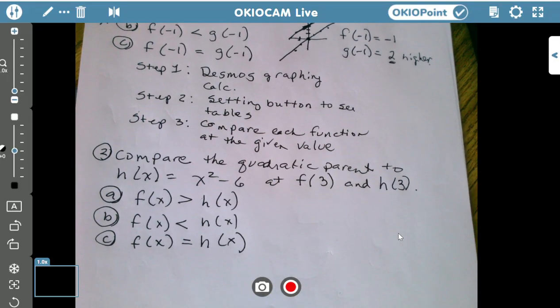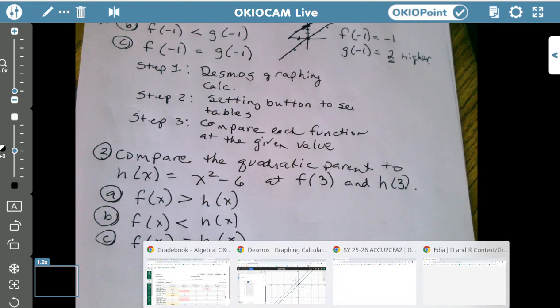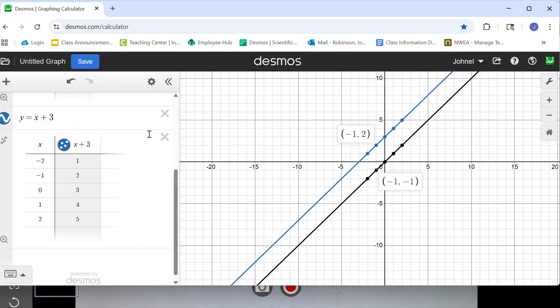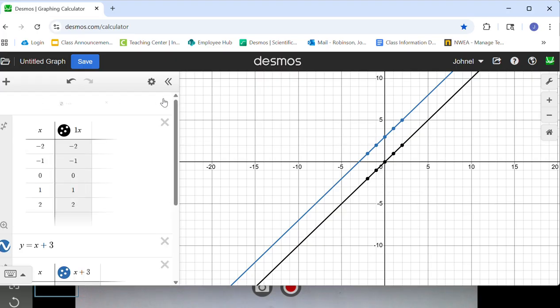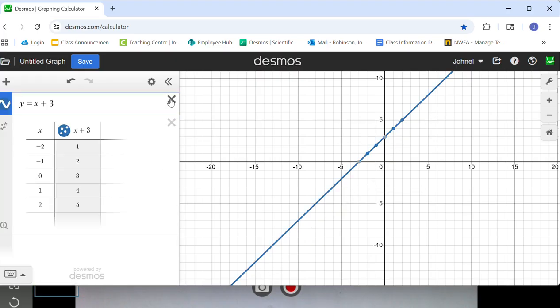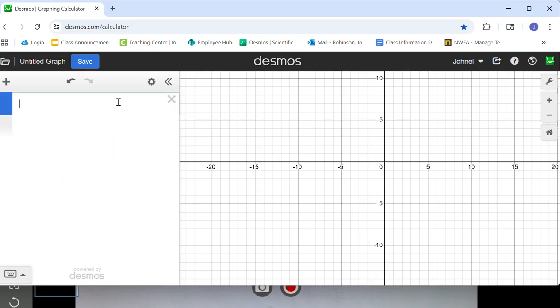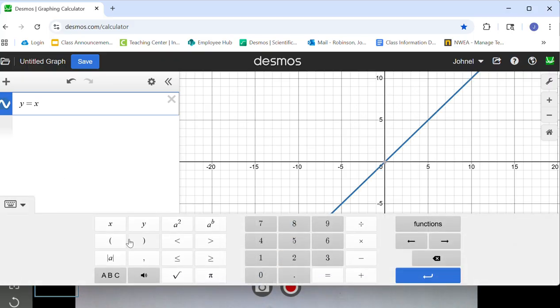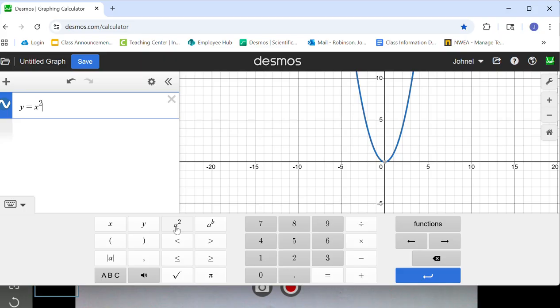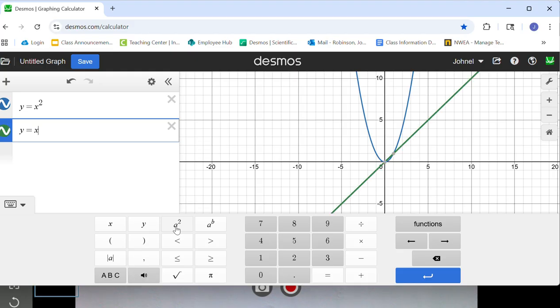And then we're going to go over to the Desmos graphing calculator, clear out what we have, and we're looking at the parent function for x squared, the quadratic, and y equals x squared minus 6.